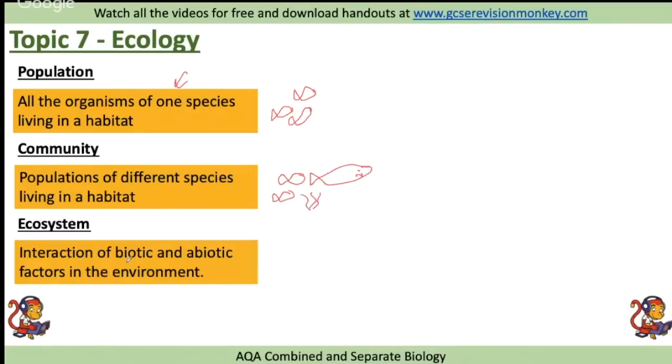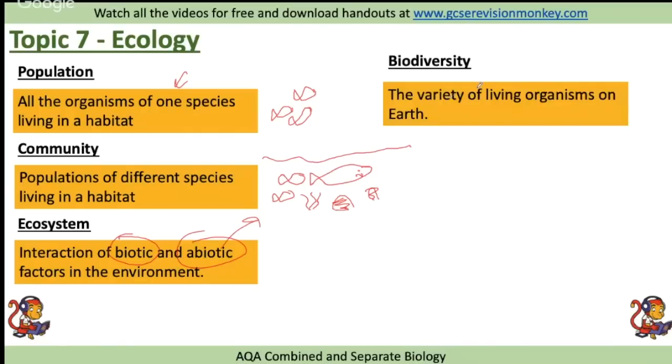An ecosystem is the interaction of living, biotic, and non-living, abiotic factors. So it could be that you're talking about the rocks that are in that system, the temperature of the water, the current of the water, and adding all the abiotic things in there as well. And 2 more keywords, biodiversity. Bio means living, diversity means variety.